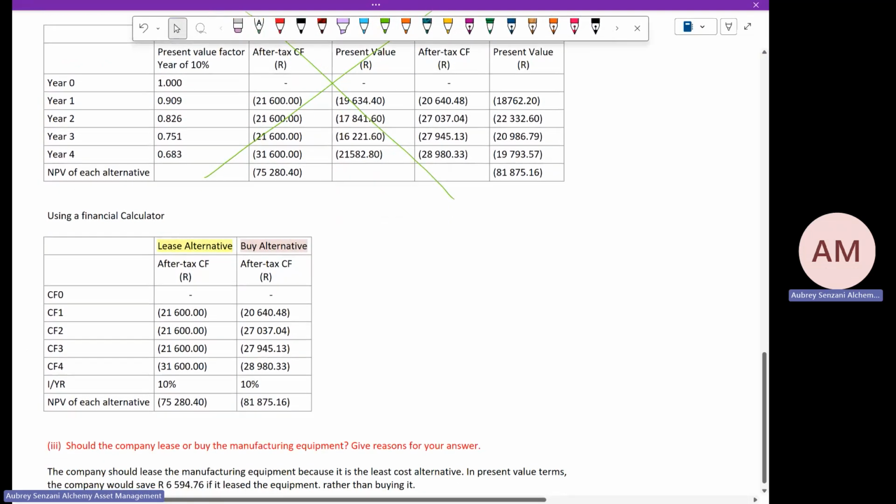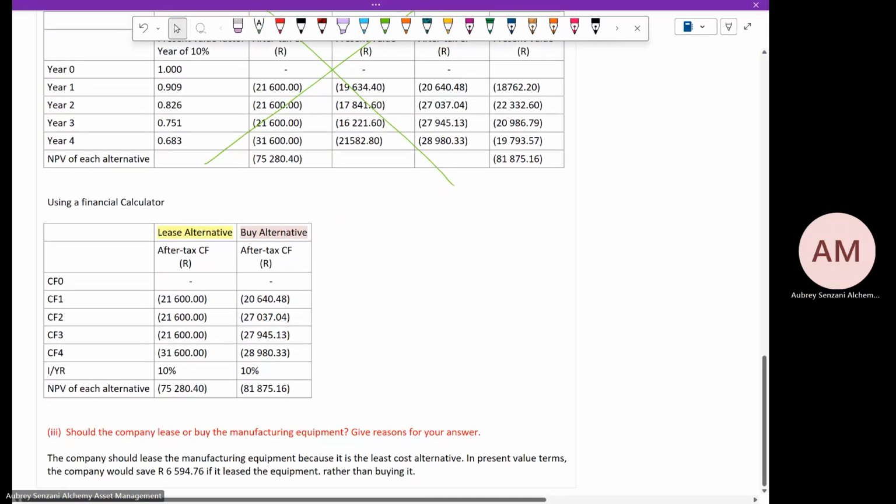You have very powerful machines. So now you enter in your cash flows, enter in your interest rate, you get your NPV. This calculation, I know you guys know. Okay. And then you should get the following amounts.